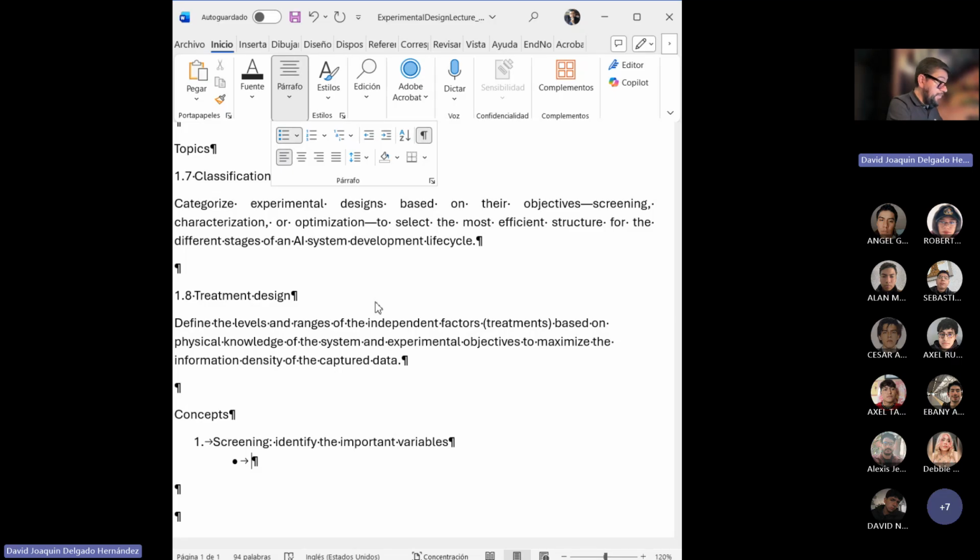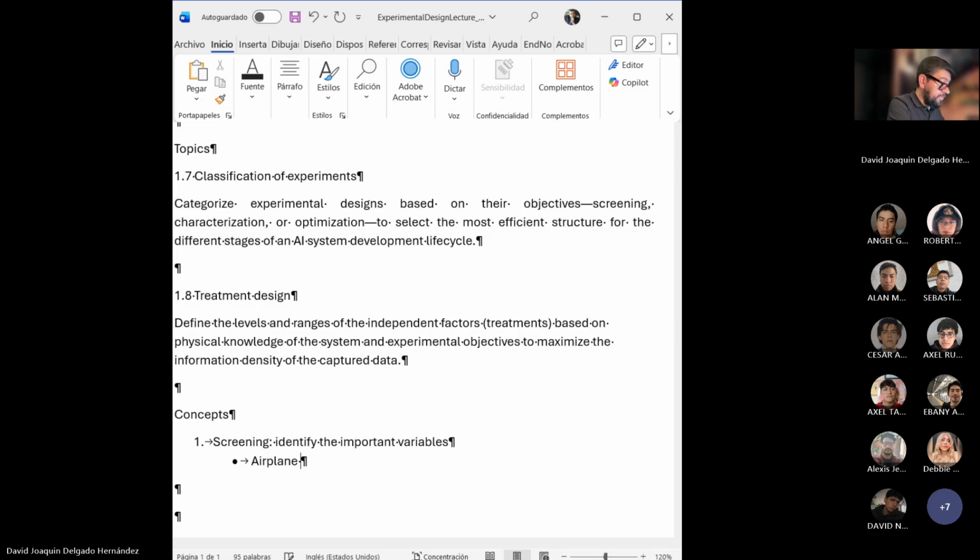In the airplane example, the question here will be, does wing size matter? So we should ask ourselves whether the size of the wing is an important variable. And that will be in the very first step, which is the screening phase, okay?